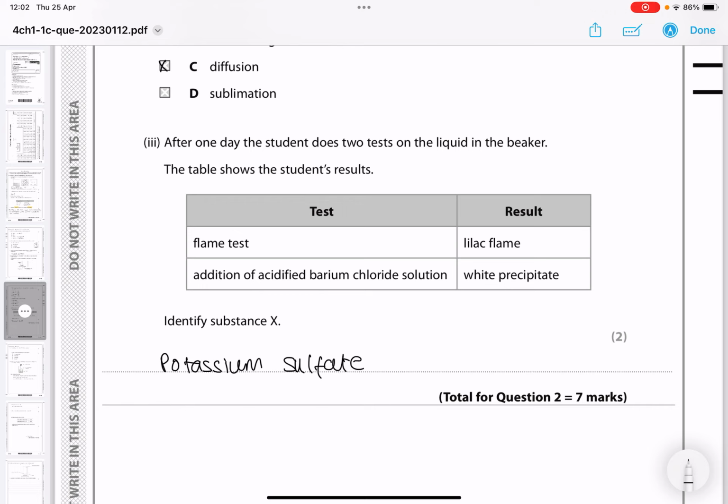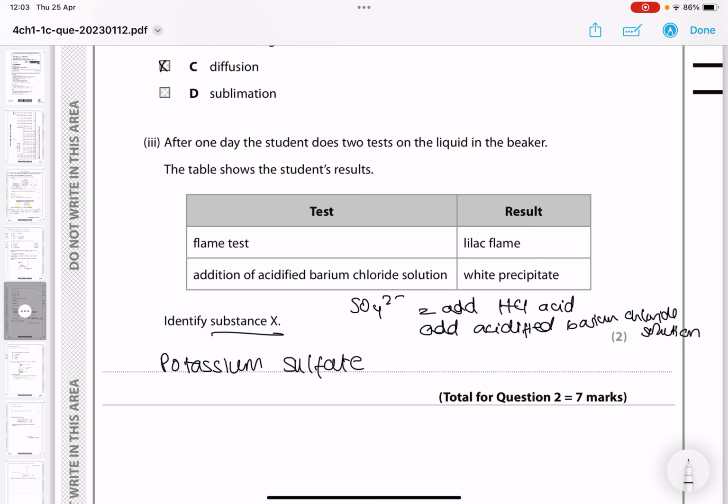Okay, so the test for sulfate ions is you add hydrochloric acid and then you add acidified barium chloride solution. And if sulfate ions are present, there'll be a white precipitate that's formed. So substance X is going to be potassium sulfate. Potassium produces that lilac flame, and sulfate ions give you that white precipitate when you add acidified barium chloride.